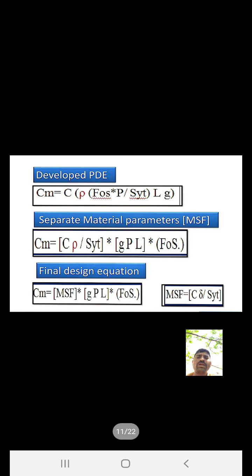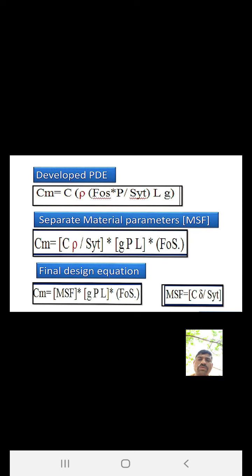Then we develop the new primary design equation: Cm is equal to C into rho into factor of safety into P divided by SYT into L into G. Separate the material parameters, MSF.